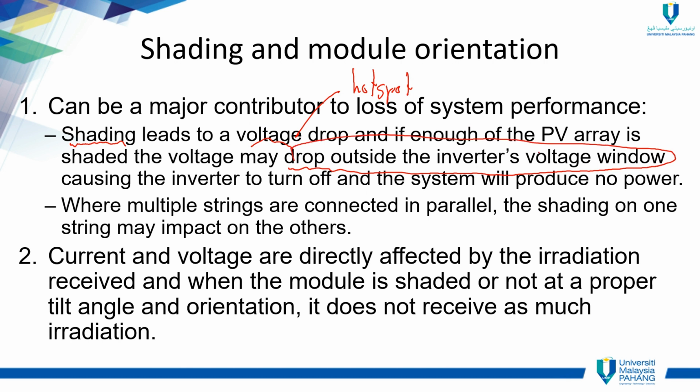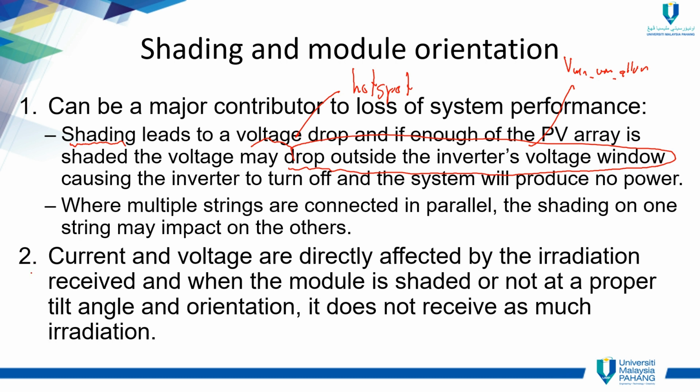Ini kalau ingat lagi lah. I can't remember the Vmin now, the minimum window voltage of the inverter. Because of the hotspot, the output voltage from the PV drops, and if that value is lower than the inverter's input minimum, it will not turn on.